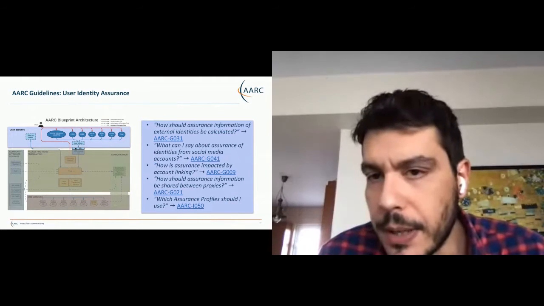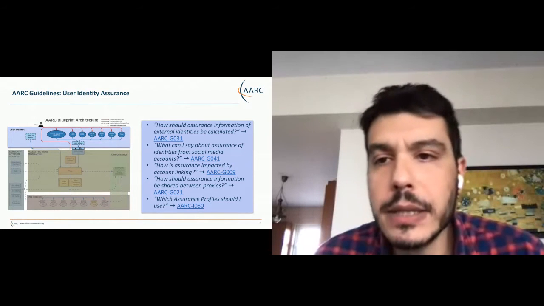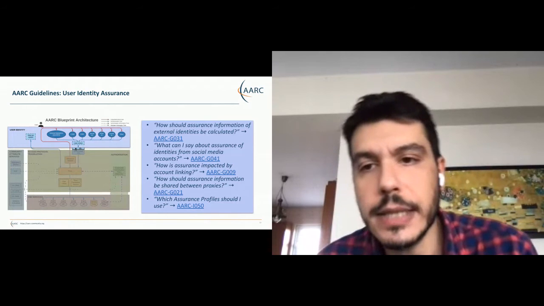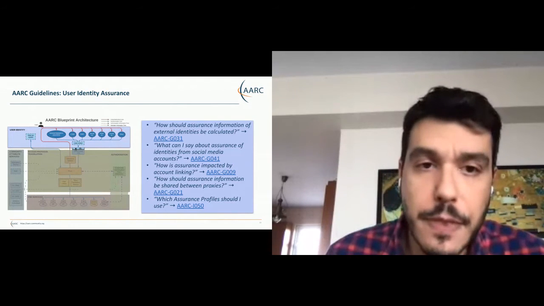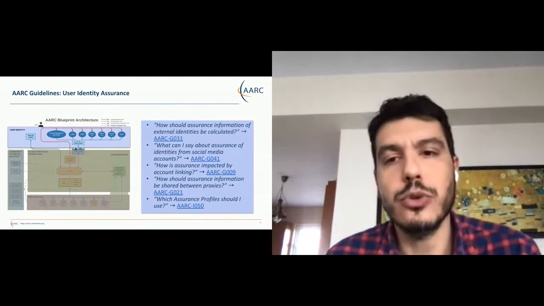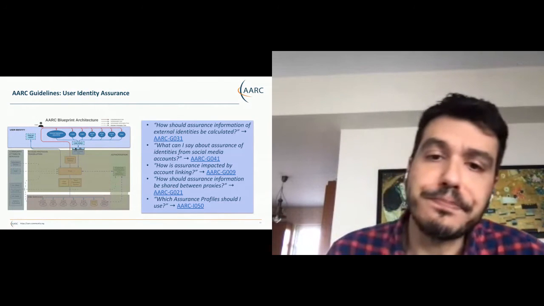Now, more specific to assurance, there are best practices for evaluating the assurance from external identities. There are even more specific guidelines for evaluating the assurance specifically from social media accounts.